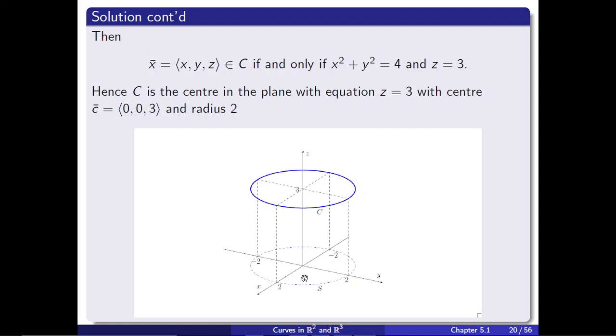So it means that we have to move the circle from here up to the plane Z equal to 3, where the circle resides, right? So that's why the circle is there. It's because Z is always equal to 3. You know that this is an equation of a plane, so that tells us that the circle is moved upwards 3 units, right?